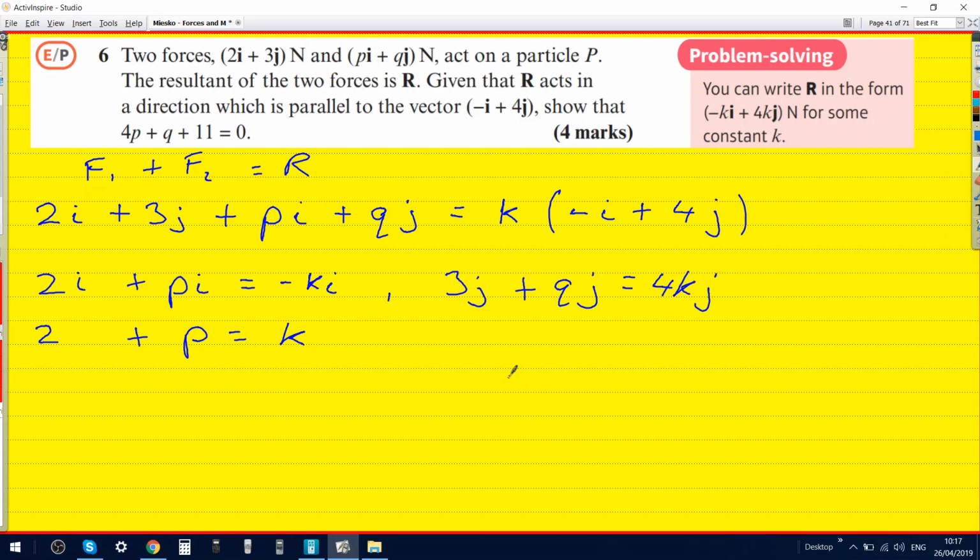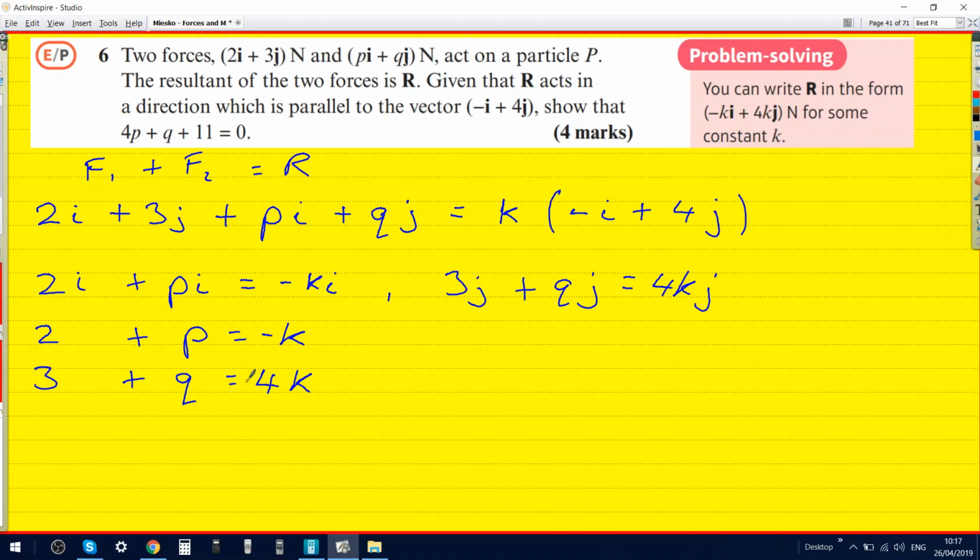Yeah. And then that would be just 3 plus q equals 4k. Yeah. And then to treat them as simultaneous equations. So the problem is we've got 3 unknowns. So yeah, you treat them as simultaneous equations, I suppose.